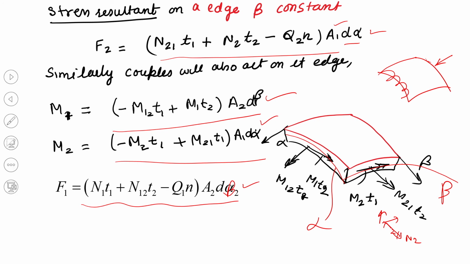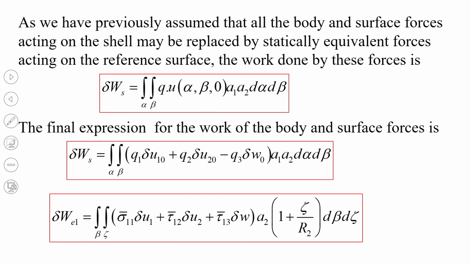So, for that purpose, let us say some work is done, and the work done due to surface forces will be Q times delta U, because we are talking about a reference surface.